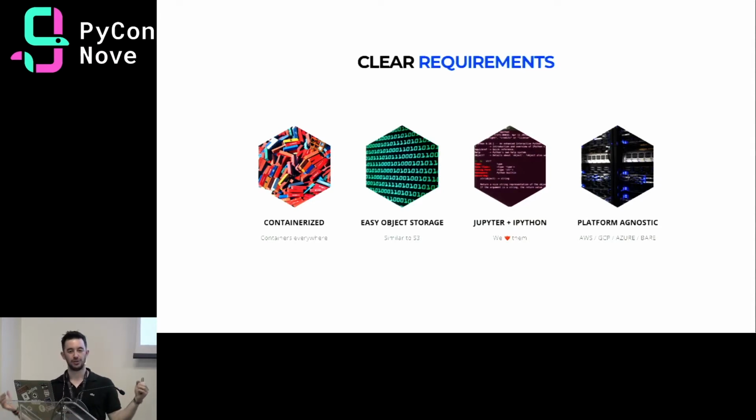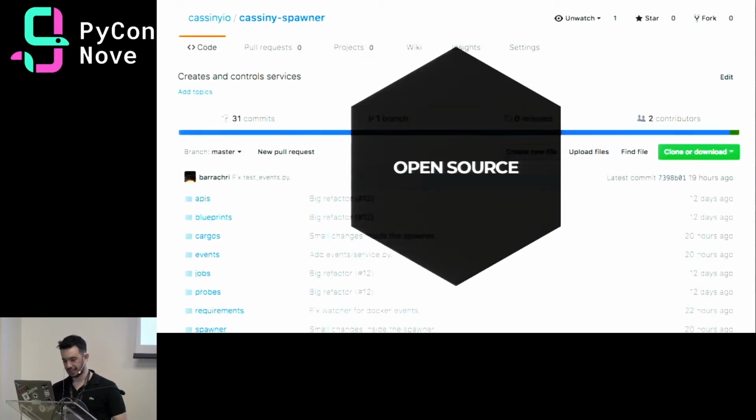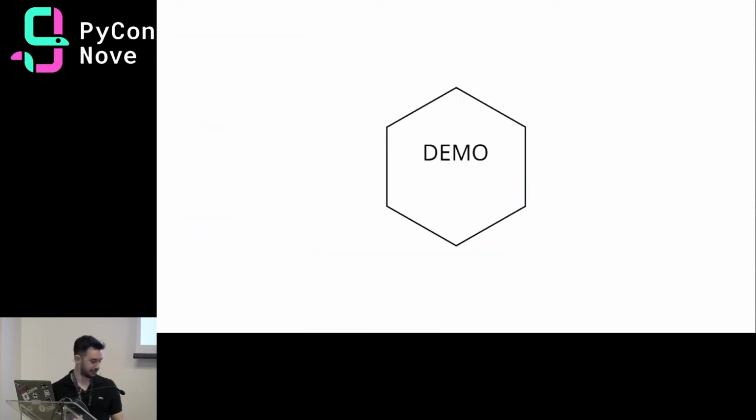So to have a kind of machine learning as a service, but not really that way, but to have an infrastructure where I can just say, okay, I want this Jupyter notebook with this image, with this size of the machine, just create this and just give me an address. And the cool thing is also open source. So I want to show you something. Hopefully the demo will work.